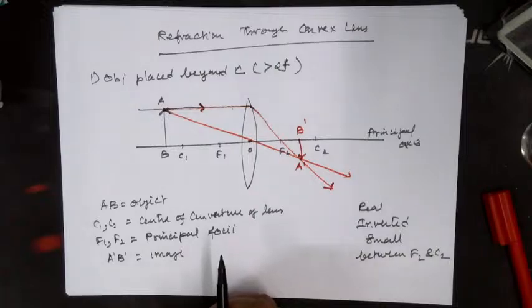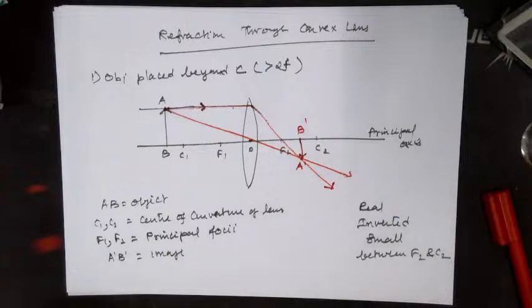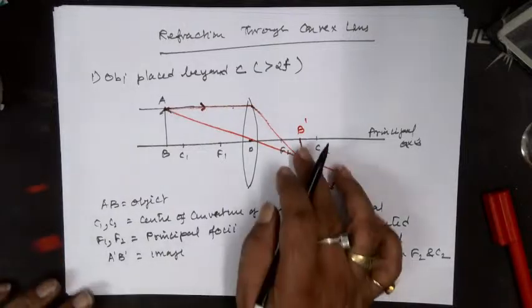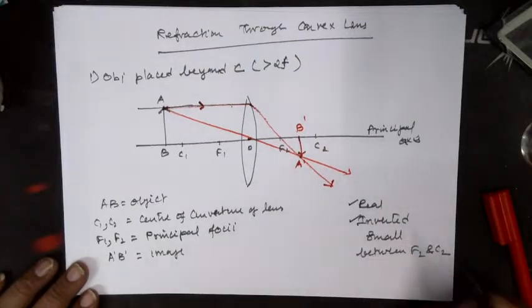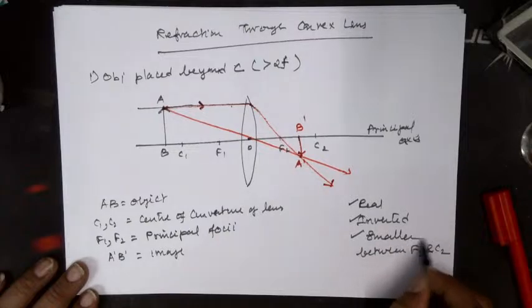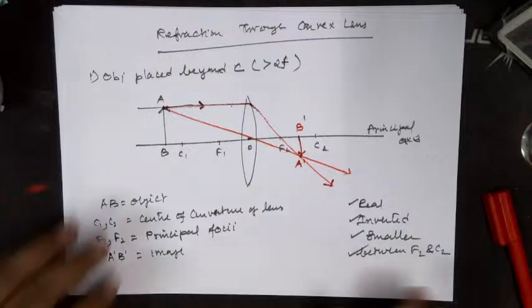When it is placed at C, it is equal. So I will show both. So this is smaller, and this is inverted also. So what are the key points? This is real, inverted, smaller, between F2 and C2.